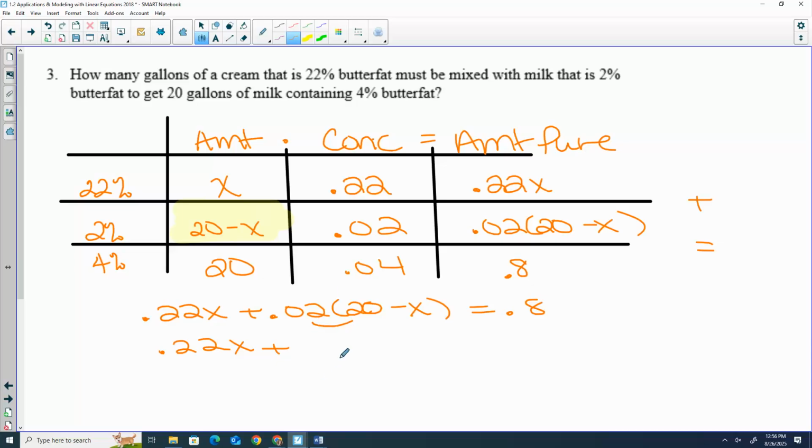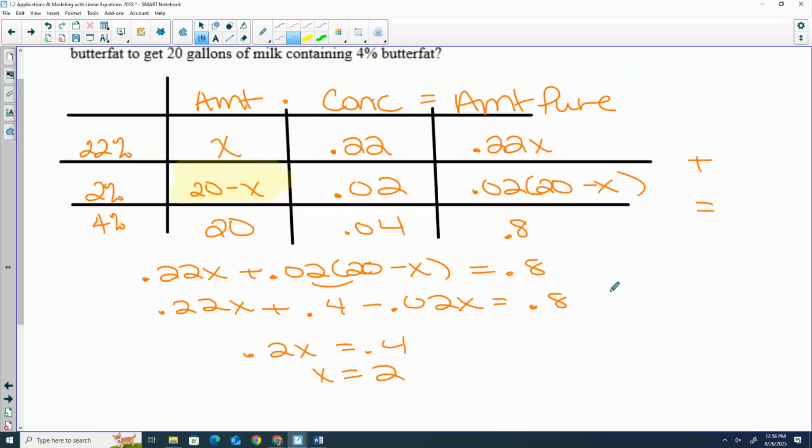Okay. So if I multiply 0.02 times 20, 0.4, divide, and we get x equal to 2. So then the question was, how many gallons of the cream that's 22%?